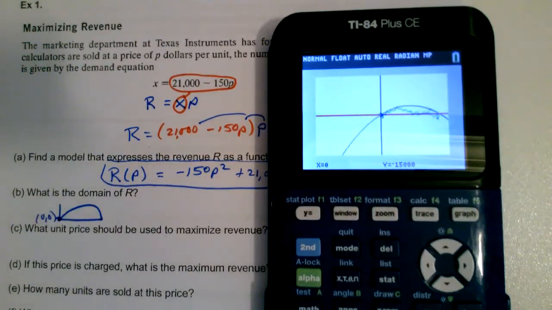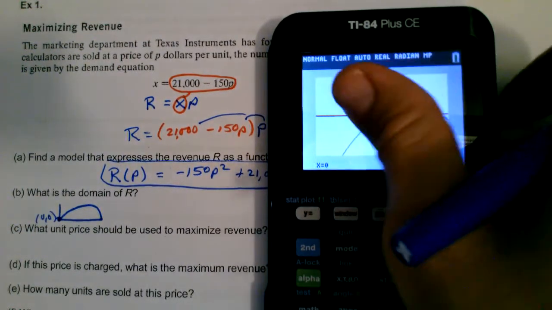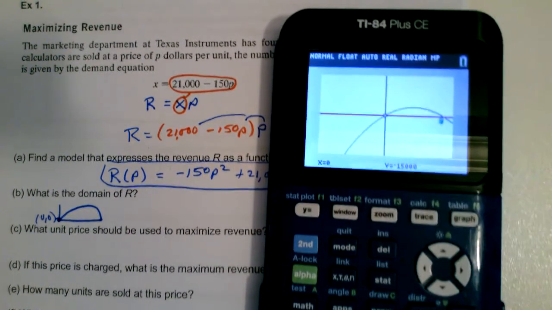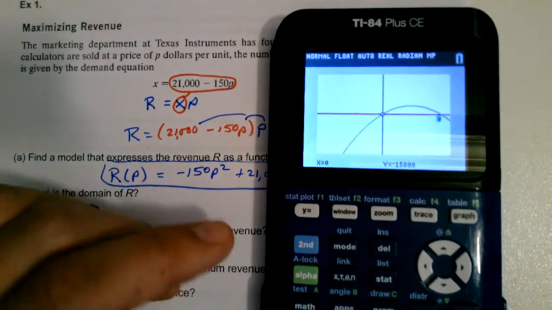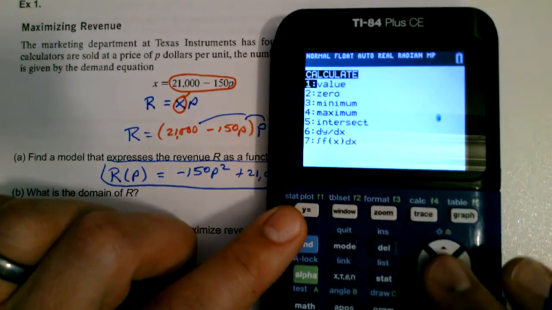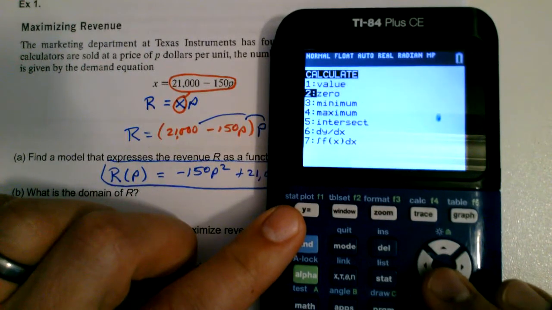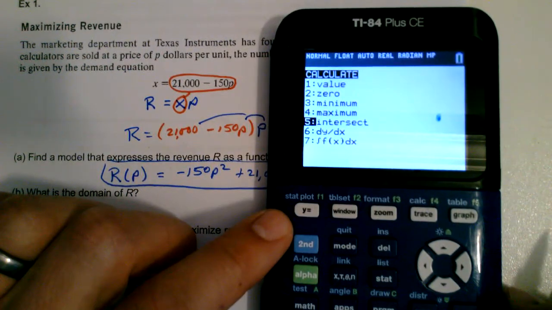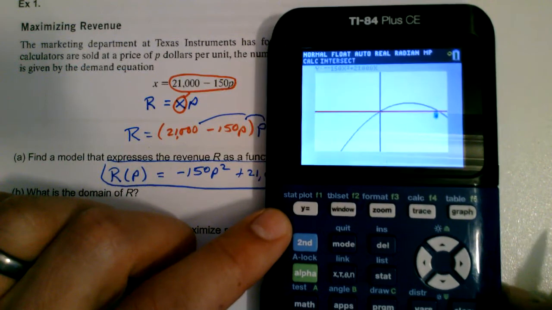And you can find that if you want the intersection. I guarantee it's 0, 0. But we also want to find this intersection, this guy right there. Okay, and again, that's for our domain. So I'm going to go second trace intersect. And you have to have y2 is 0. If you don't have y2 is 0, you got to go back into y equals and do that. Okay, so second trace intersect, first curve enter, second curve enter.